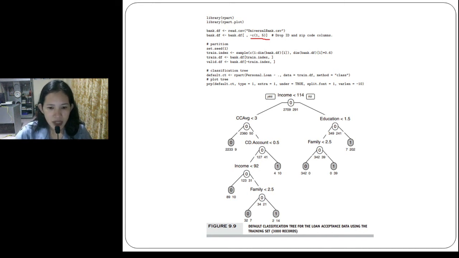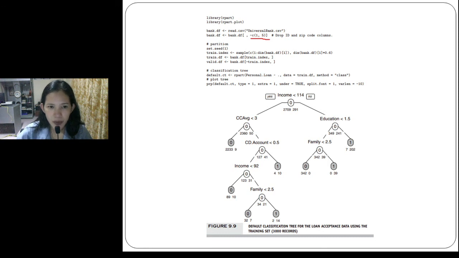So this is the result, the decision or classification tree. From this classification tree, you can come up with decision rules. One example is if Income is less than 114 and CCAvg is less than 3, then the class is 0. Another example is Income is greater than or equal to 114, Education is less than 1.5, and Family is less than 2.5, then the class is 0.